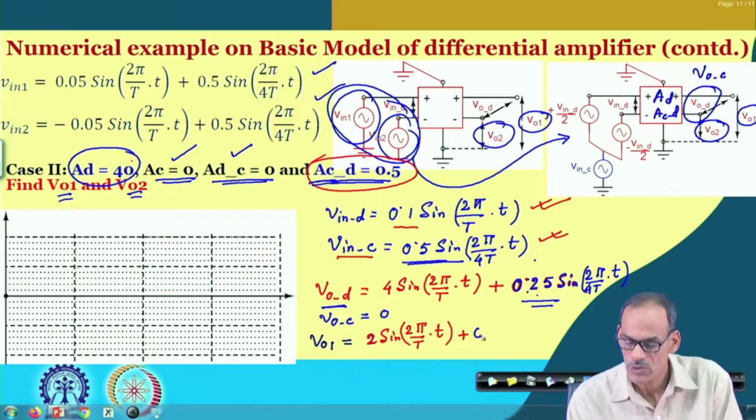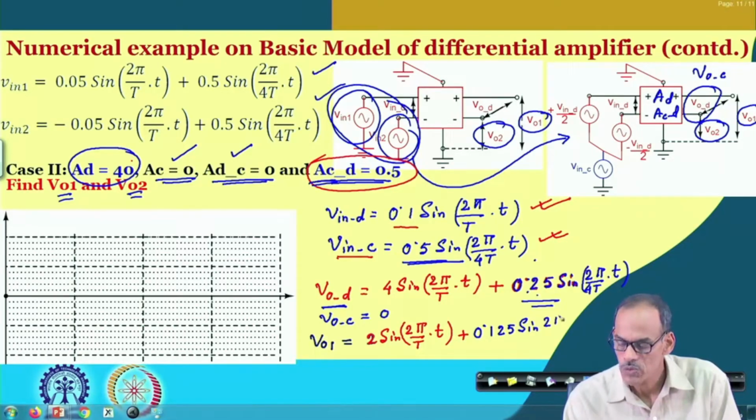So, that is equal to 0.125 sin 2 pi by 4T into t.